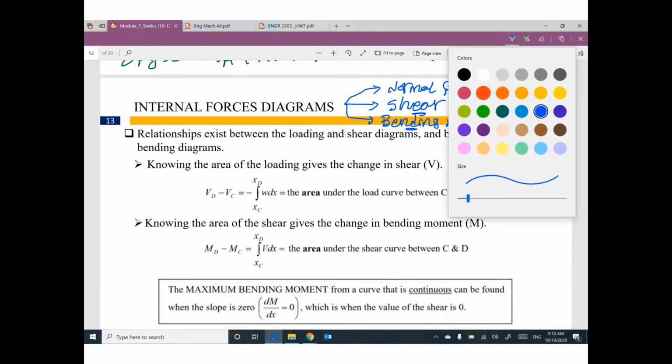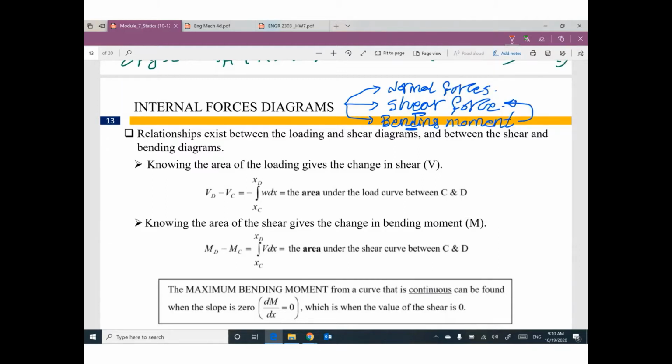What's going on? We have some relationship between shear and the applied force, between bending and shear force. We have few relationship, just for your information. Keep it in your mind. Shear is integration of load.